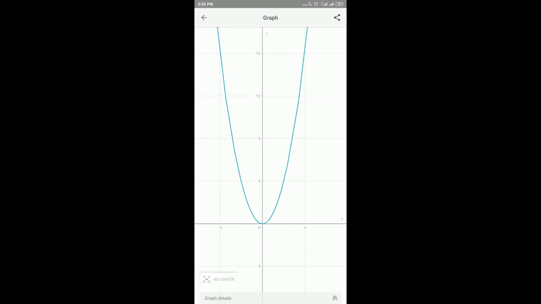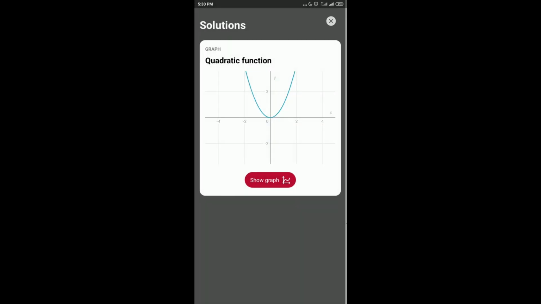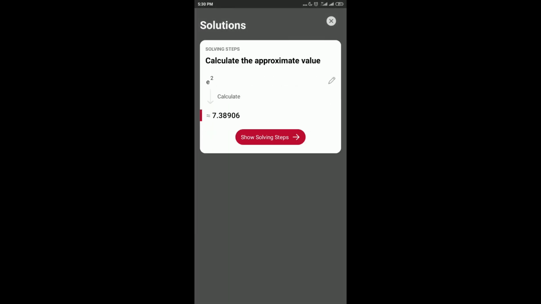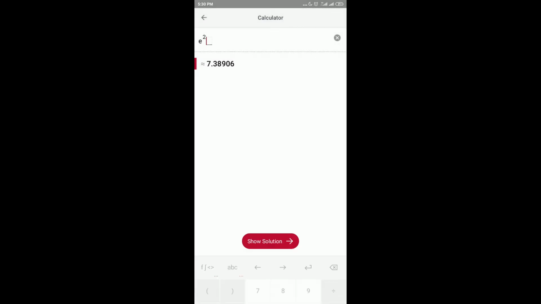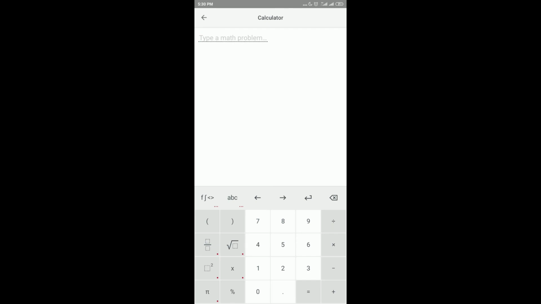So let's try another equation for graph. We can choose the reciprocal graph, 1 over x.